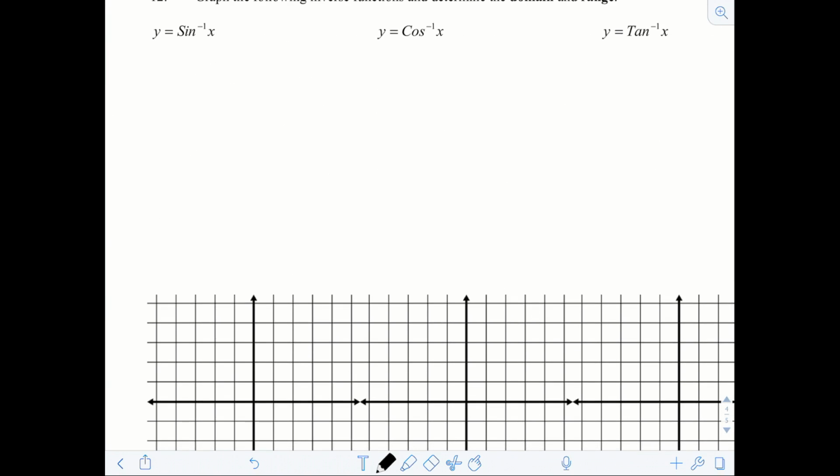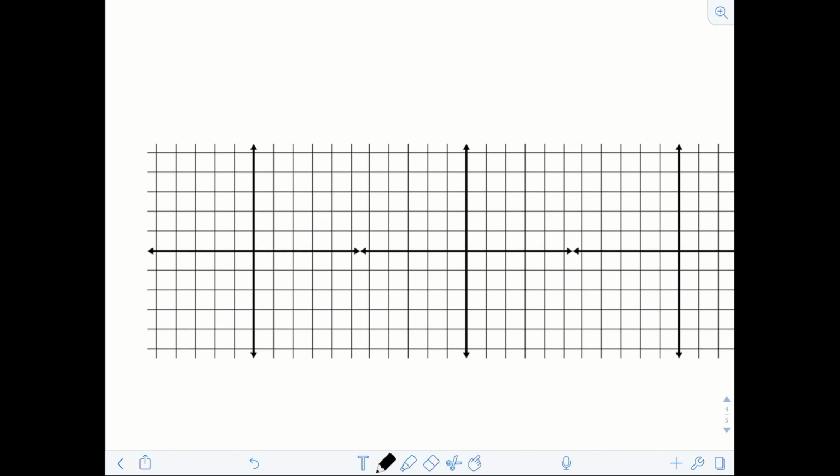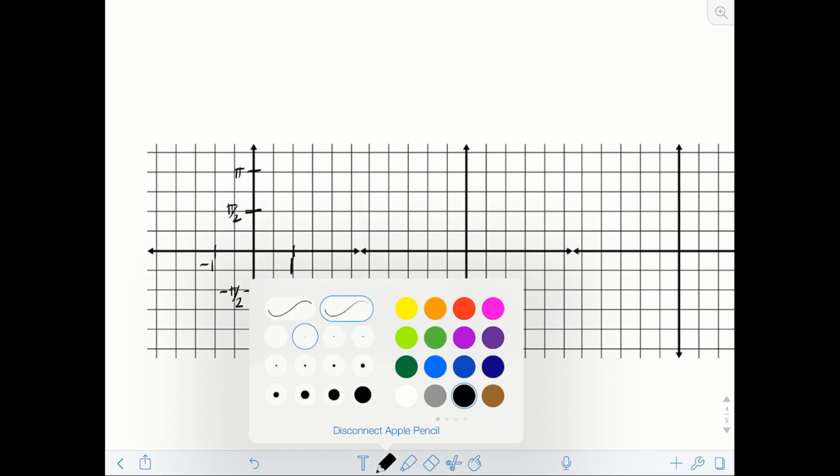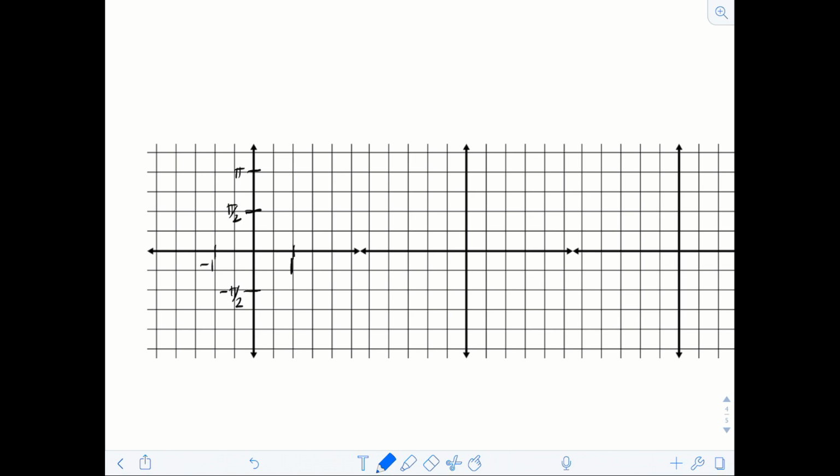All right, last one. So sine. What I'm going to do is mark down 1 and -1 right at this tick mark and this tick mark. At this tick mark, I'm going to write pi over 2, and this is going to be pi, and then this is going to be negative pi over 2. So when we're dealing with sine, we're going to start at negative pi over 2. We're going to say -1, 0, 0, and then 1 at pi over 2.